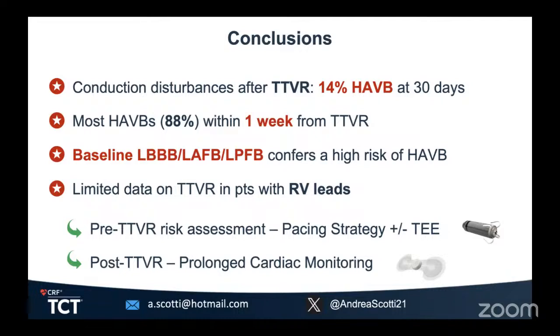Most of these high-grade atrioventricular blocks, almost 90%, occurred within 1 week after TTVR. The highest predictor of high-grade heart block was a baseline left bundle branch block or left anterior posterior fascicular block.